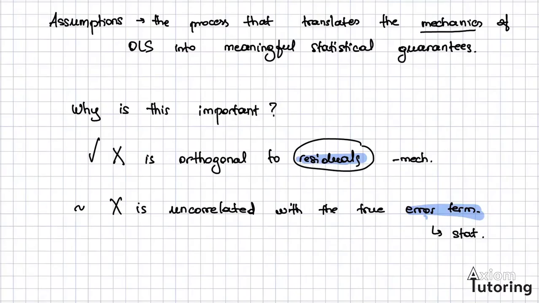The error term is something that we do not observe directly and can't quantify, which means we have to make certain assumptions to understand how it behaves. That's why anytime you are talking about statistical properties, you are talking about some sort of condition on error terms and not residuals. Okay?